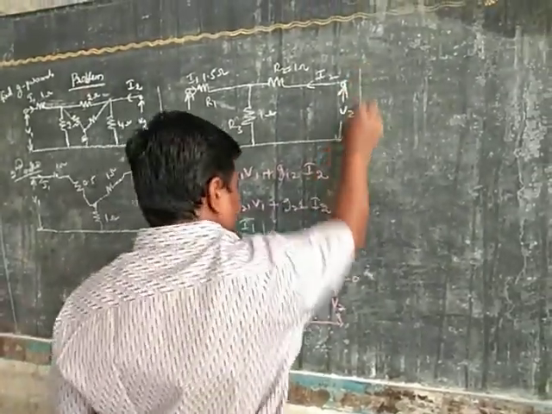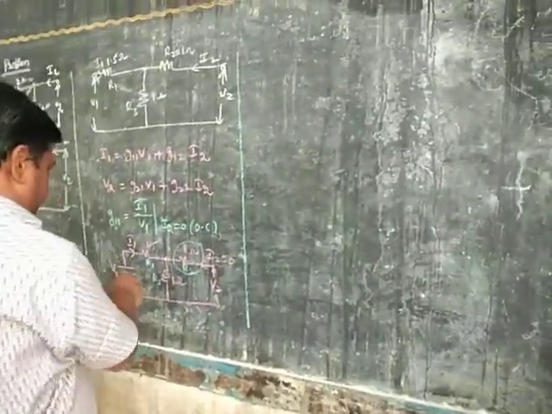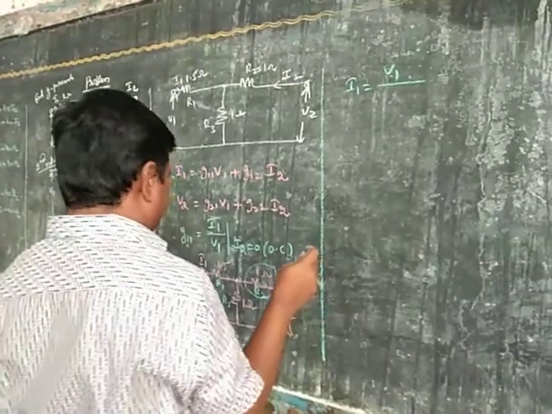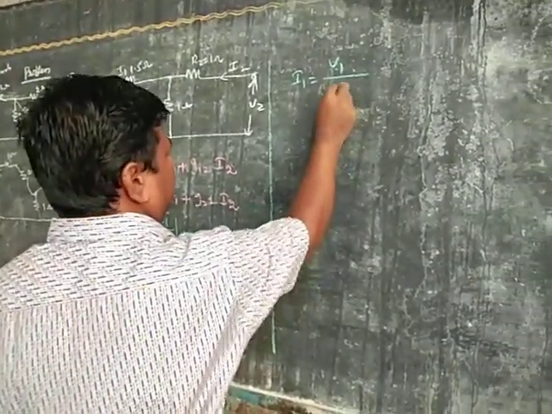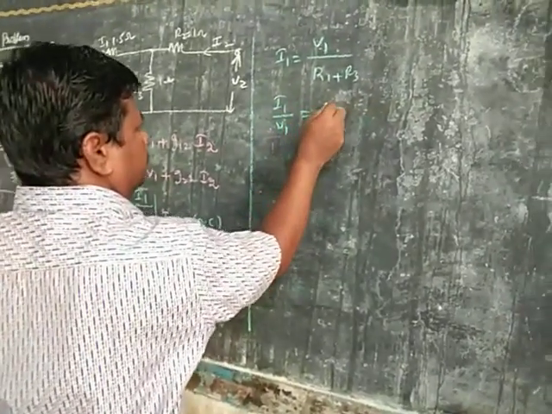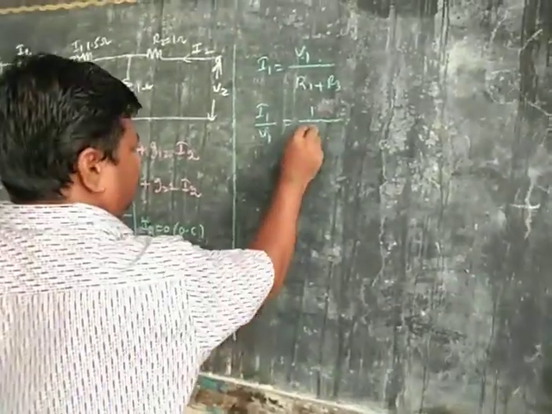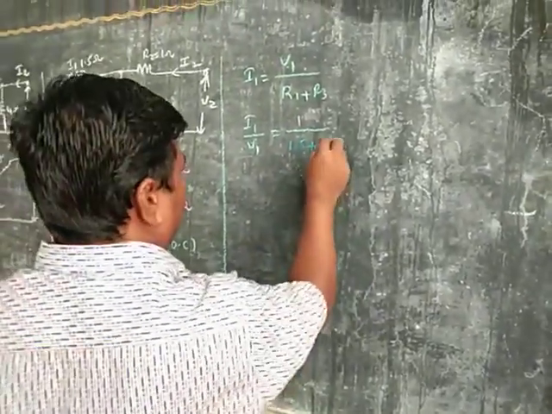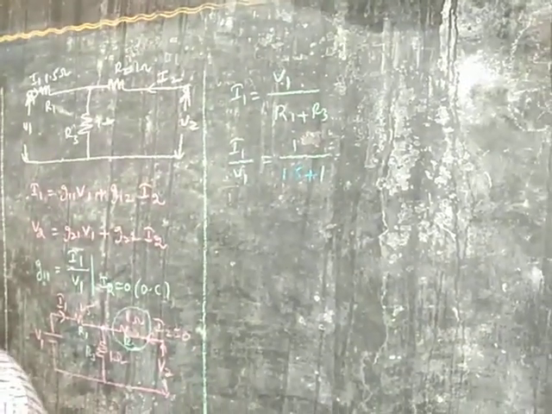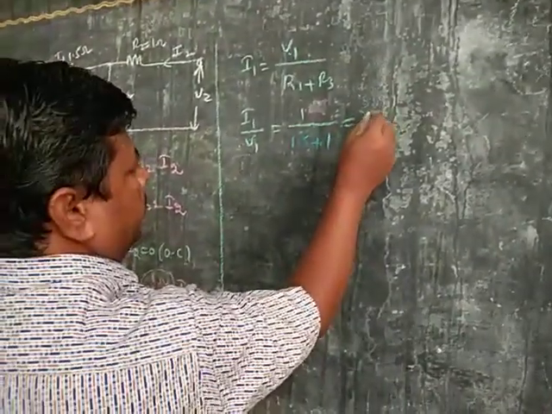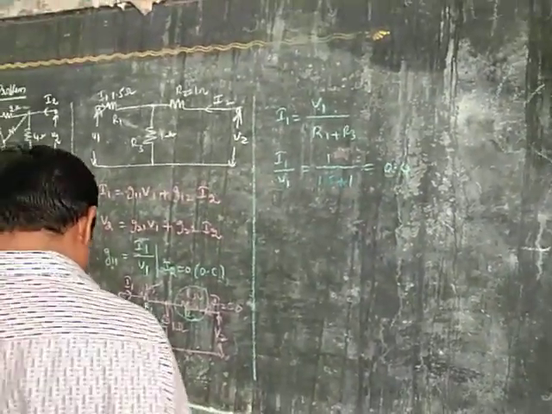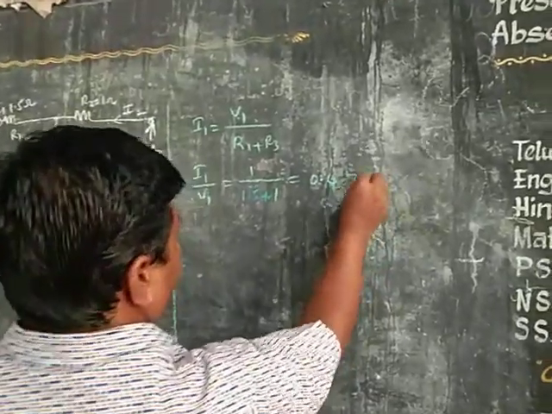Now I1 is equal to V1 by R1 plus R2. I1 by V1 is equal to 1 by 1.5 plus 1, that is equal to 0.4 mho.